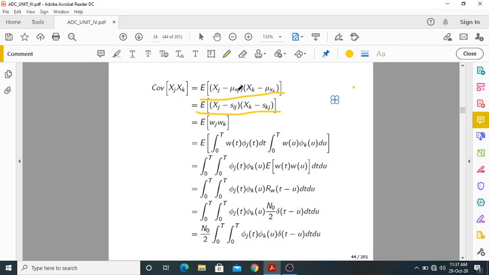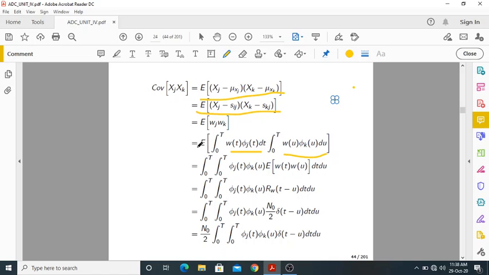Xj minus its mean, Xk minus its mean. What is the mean of Xj? s ij. Mean of Xk? s kj. But what is Xj minus s ij? Wj. What is Xk minus s kj? Wk. Again the same, just write down separately.